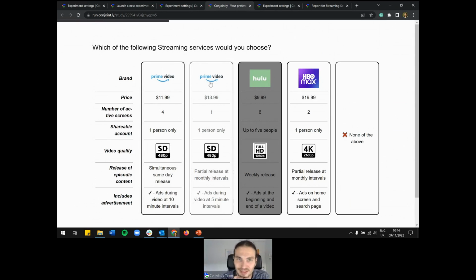But I don't think there's a way to guarantee that, for example, Hulu would not be worse in every single measure because it works with a randomization function, unfortunately. So you can do it so that there's only one brand option, but we'd have to custom program the rest, unfortunately.